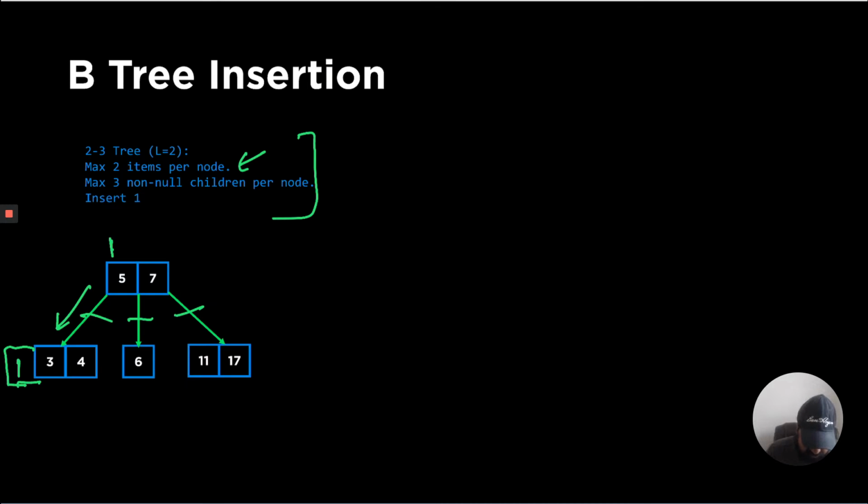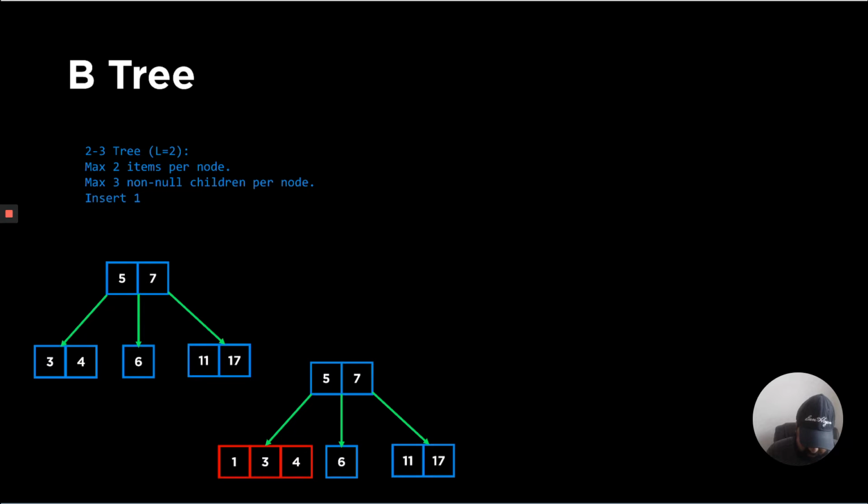Now, once we have added this 1 to this node, the first property gets violated, which is that the number of items per node should be less than 3, but now it has 3 items. So we are going to split this node. How this works is you move the central element to the parent node.